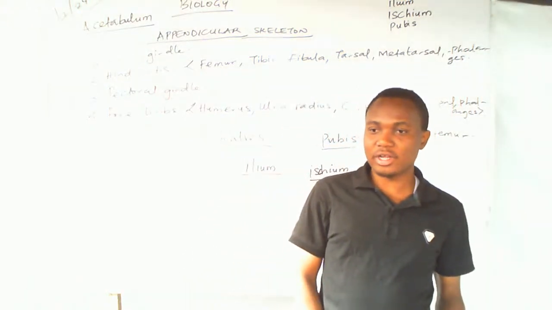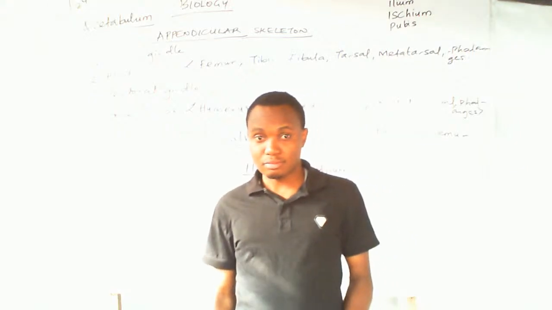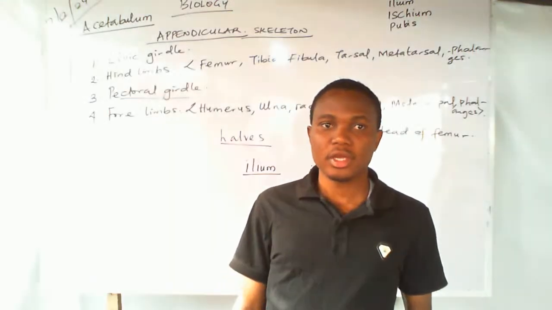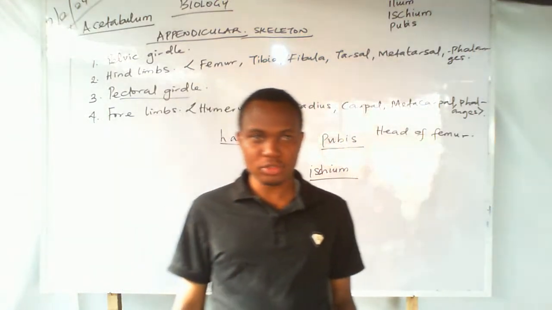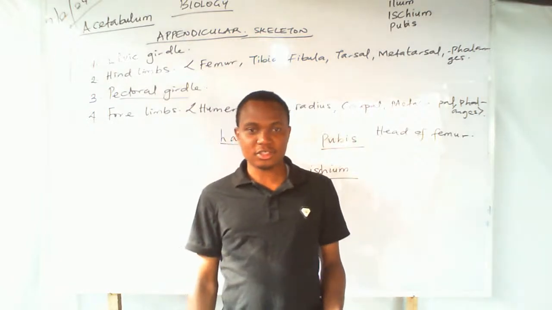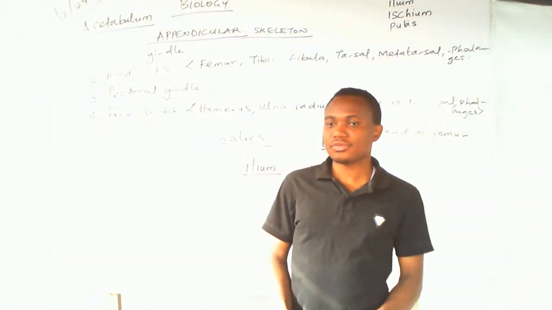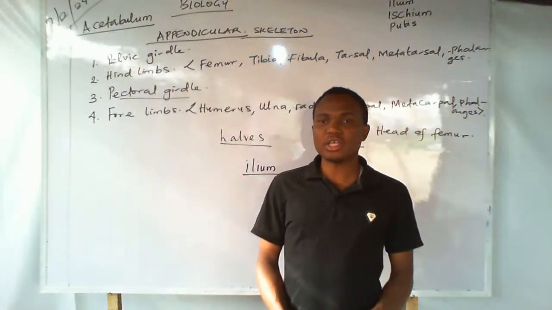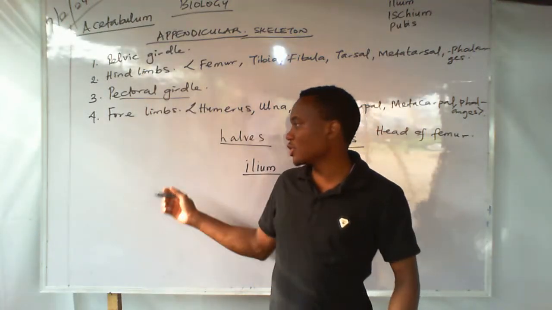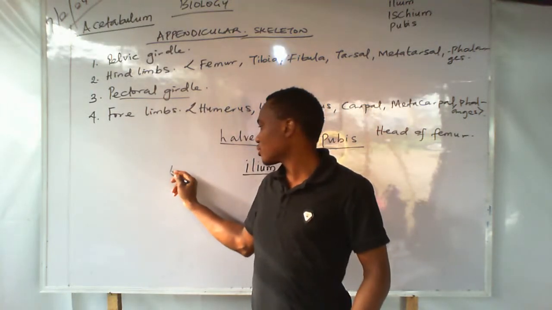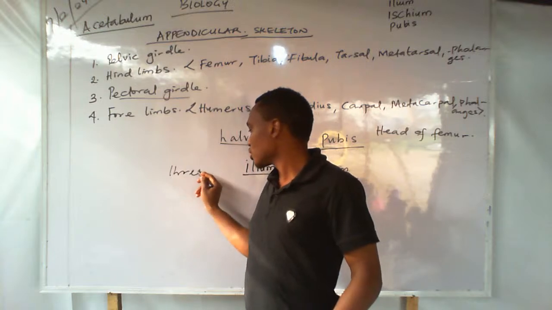So we say that they are connected together by what? Muscles, abi? Full stop. Each half consists of what? Three bones.